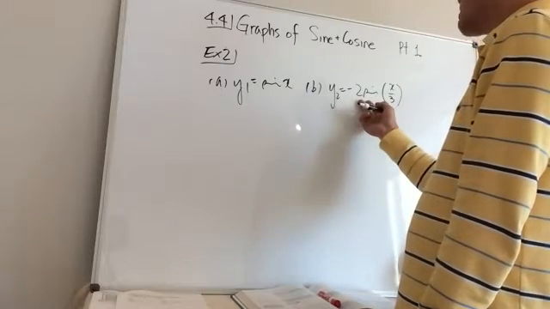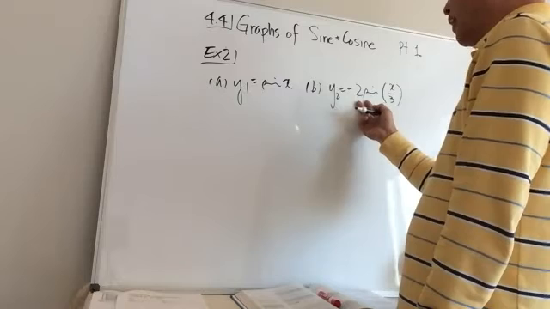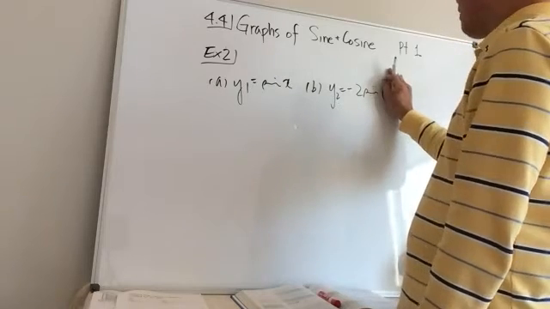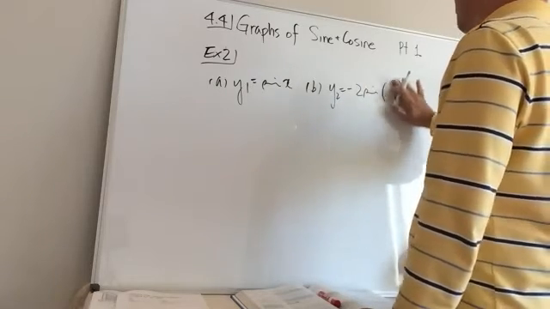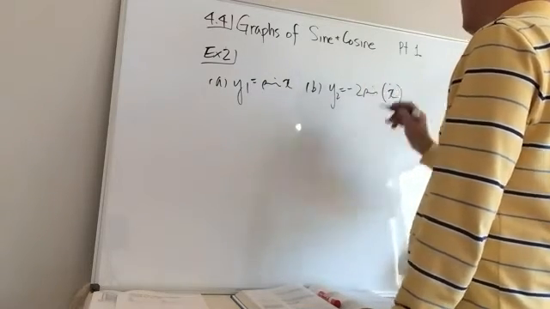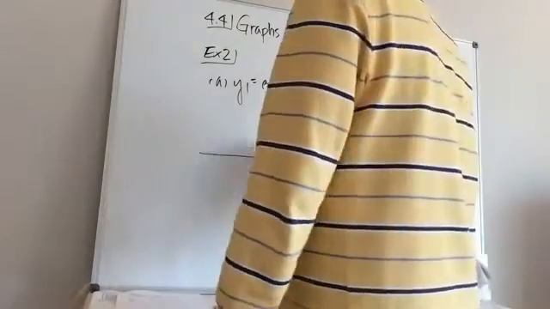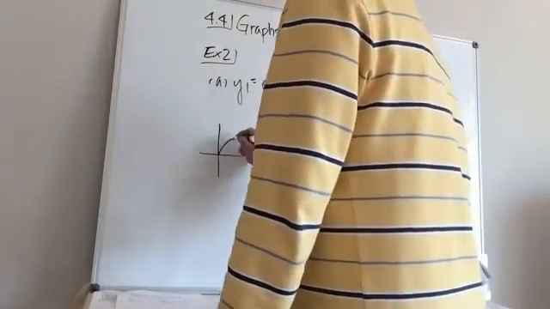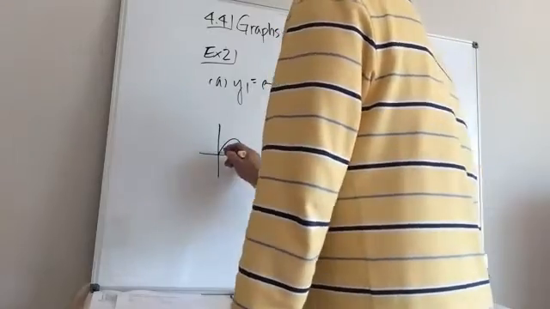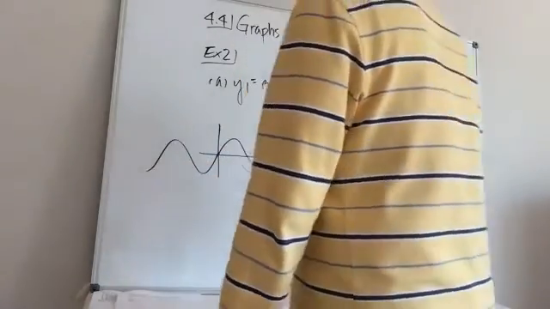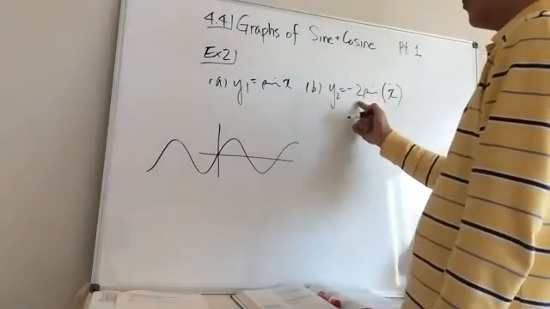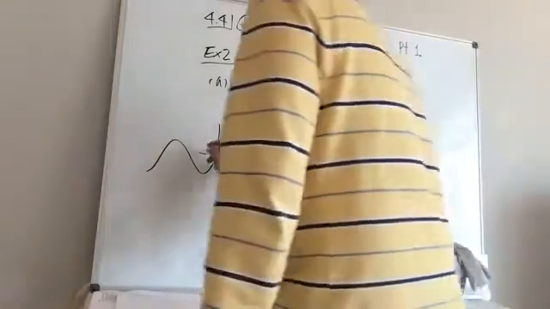Okay, so this guy here, we already did. Let's see if we can go ahead and graph this guy first. If I graph this guy first, what do I get? I started with y is equal to sine x, right? Then I'm going to do negative 2, which means I'm going to do the same thing I did before over here.